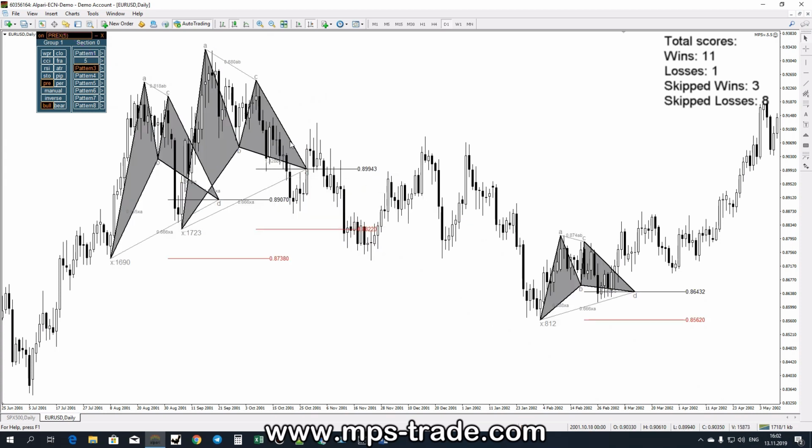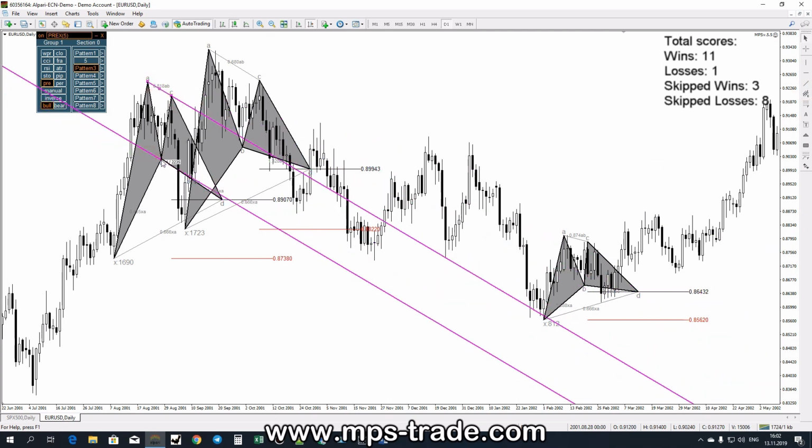I would stay away from those entries because these candles are very deep inside into this target zone. That's why it makes no sense for me. As for this trading opportunity, it simply violates that.